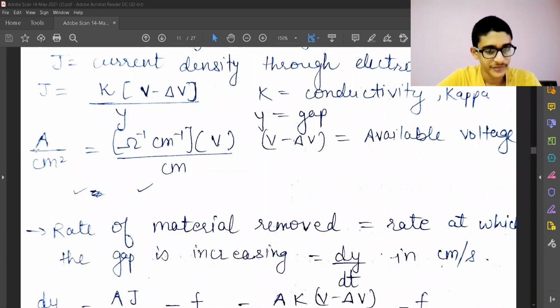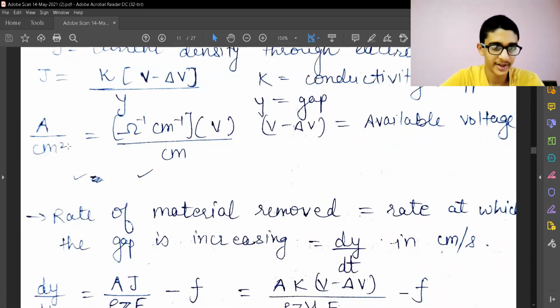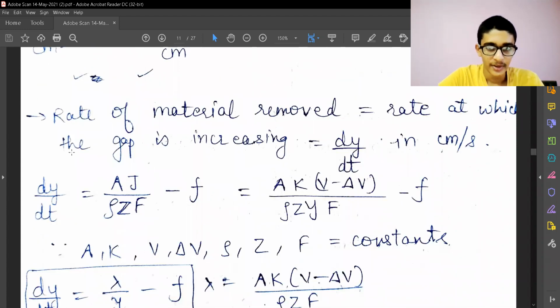So the units will be ampere per centimeter square, because the conductivity is 1 upon ohm, or 1 upon the resistance, V is the voltage, centimeter inverse. So I can make changes in the voltage and get this. So this is the ampere. The voltage upon resistance is the ampere directly, you know, right? V is equal to R into I.